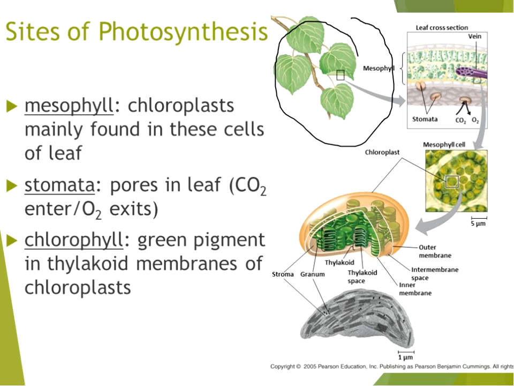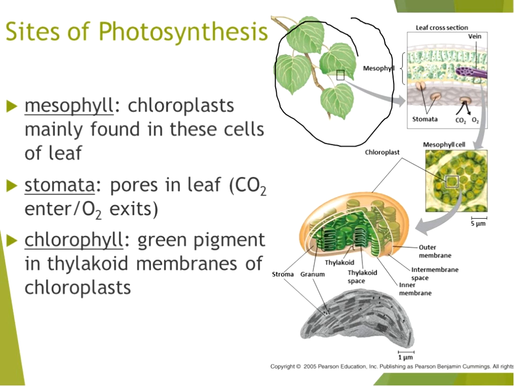You can see in this picture up here with the leaves, the mesophyll is just one of the layers typically found in the leaves of the tree or plant. The chloroplasts inside those cells are where photosynthesis takes place. And remember that the chlorophyll, the green pigment inside the chloroplast, is the main place where photosynthesis happens, because that's the pigment that absorbs the majority of the sunlight.